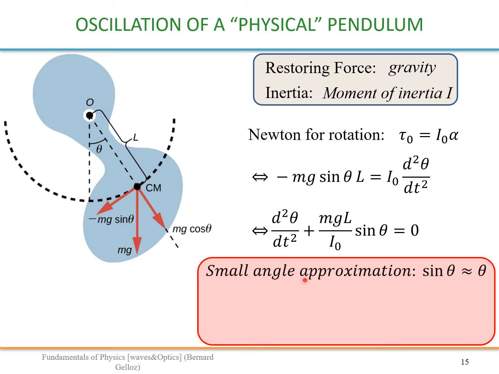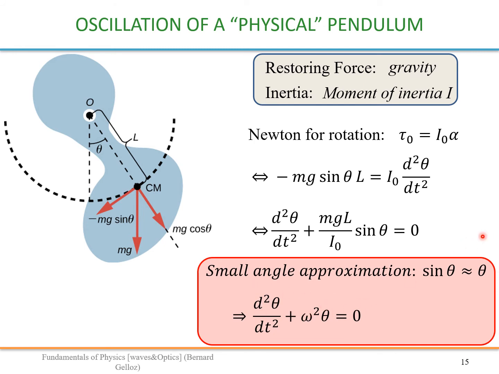We can look at small angles. For small theta, sine theta is about like theta. If we restrict ourselves to small angles, then we can write the equation like that, and this is the equation of a simple harmonic motion.